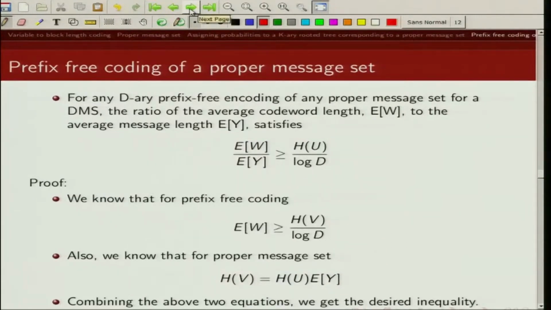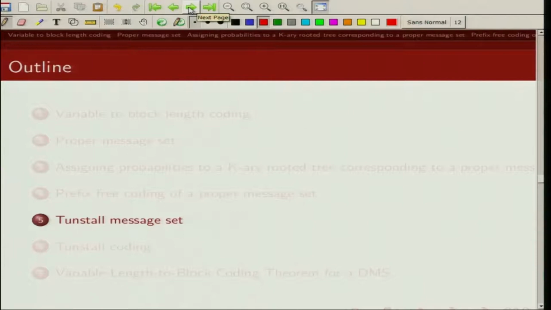Okay. Now let us go back to proper message set, and let's talk about how we can design a proper message set that will maximize my expected value of Y. Remember, in variable-to-block length coding, the goodness of the code is determined by how small this quantity is.